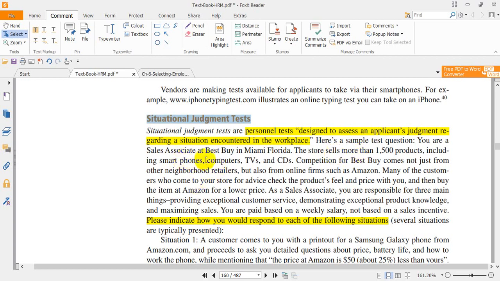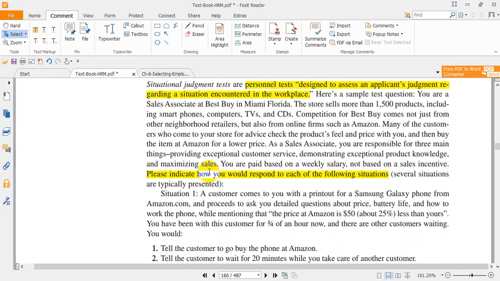So in this type we put the applicant in a real-life workplace situation, and we need to assess how the applicant will handle this situation, or what decision the applicant will take to solve some problems, or to face some daily situations he may face in his real job.